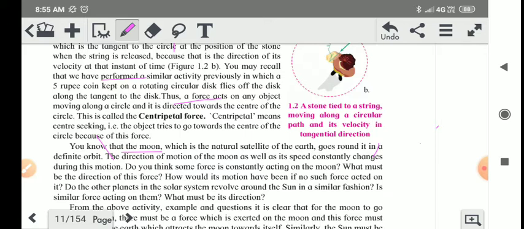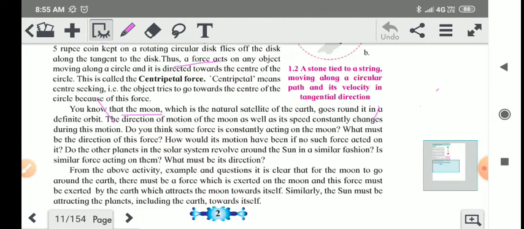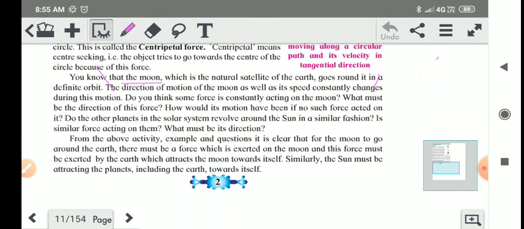So we know the moon is also rotating around the earth in the same manner as we see in the above example. So there is a centripetal force acting on the moon, and that centripetal force holds the moon, and the moon rotates around the earth due to the centripetal force.